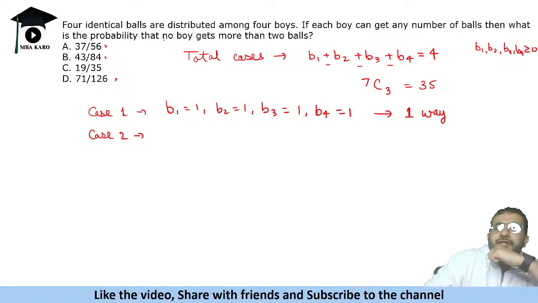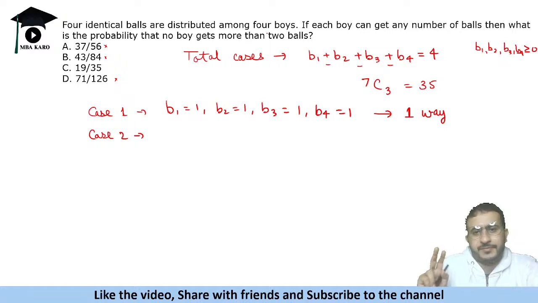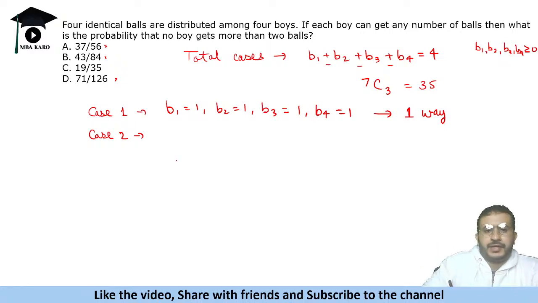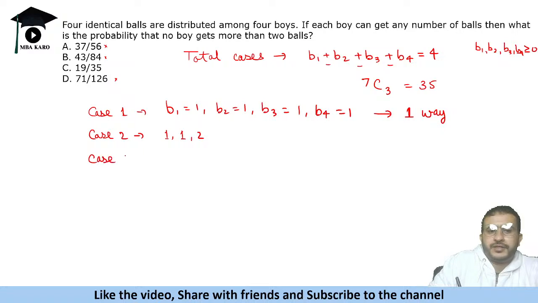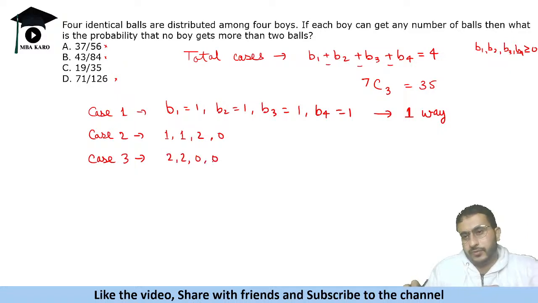What is the probability that no boy gets more than two balls? So the maximum can go up to two, right? So we can have one and two. So that could be the case. And the third case could be one person getting zero.